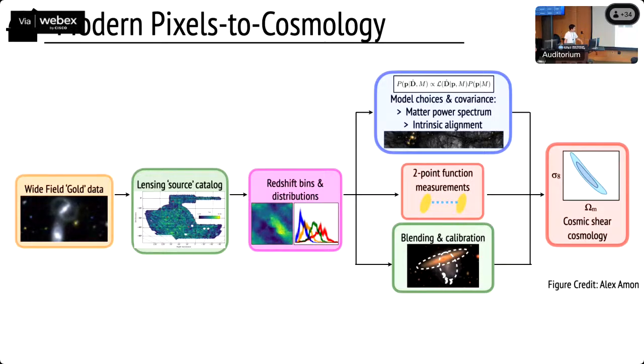Their measurements are then calibrated using image simulations, and these are used to compute the 2-point correlation. On the theory modeling side, we make a lot of decisions on how to model the theoretical 2-point function. The components of the models include how to model the matter power spectrum, especially at nonlinear scales, and how to model intrinsic alignment.